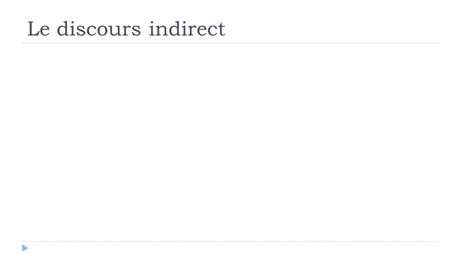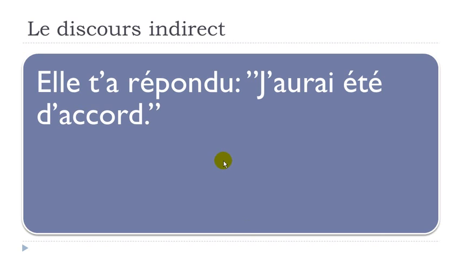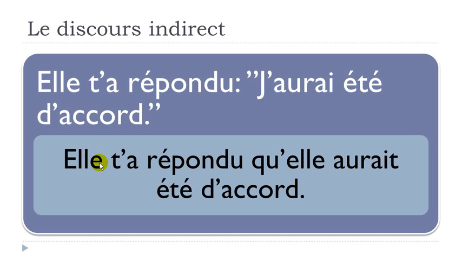Elle t'a répondu, j'aurai été d'accord. So here, what do we have? First, as usual, the passé composé. Here we've got this futur antérieur form. And it will become: elle t'a répondu qu'elle aurait été d'accord.